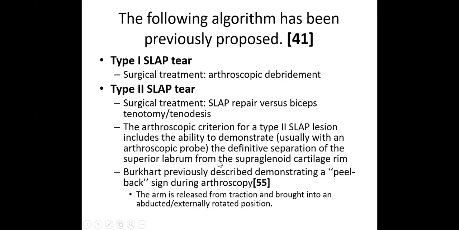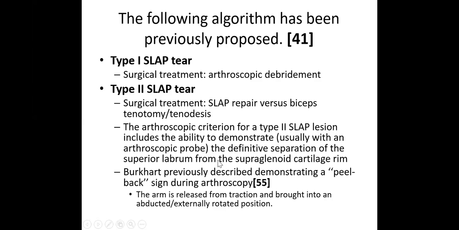So if it is just a type 1 SLAP tear, when there is just degeneration and there is no involvement, the biceps tendon is okay and intact, simply there may be a need of arthroscopic debridement. But on the other hand, if it is a type 2 SLAP tear, then in the surgical management, SLAP repair is required, plus there may be need of the biceps tenotomy or tenodesis.